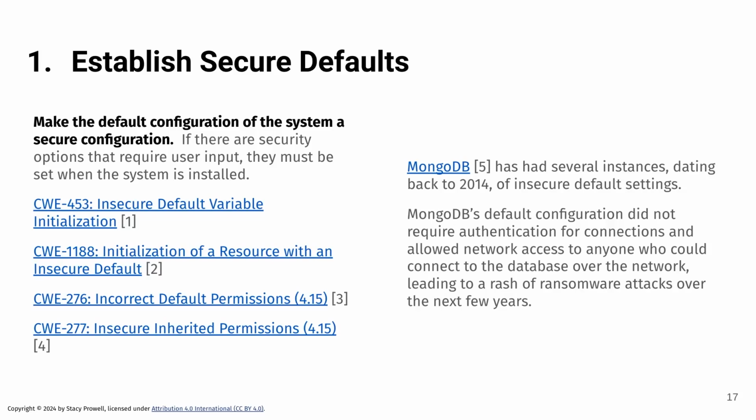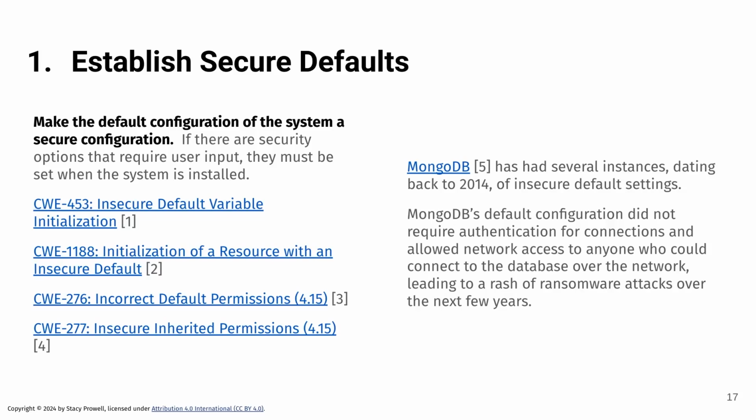The whipping child for this one is MongoDB. MongoDB has had many instances, dating back to 2014, of insecure default settings. For example, the default configuration of MongoDB, widely used, did not require authentication for connections. So you're like, I'm just installing it locally as a local database.